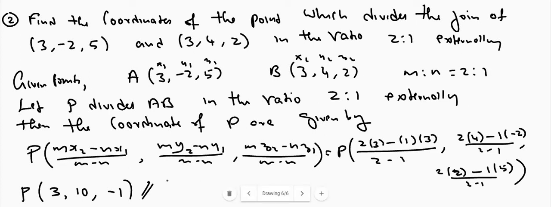Now we are going to find the ratio in which a line segment joining two points is divided by one of the three planes, that is XY, YZ, ZX.